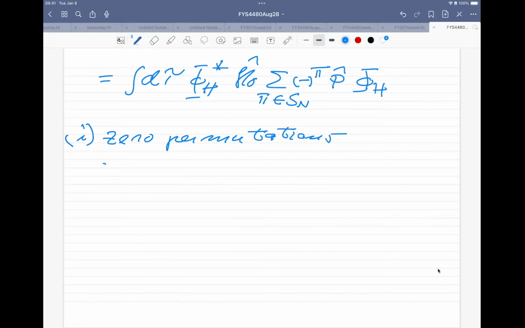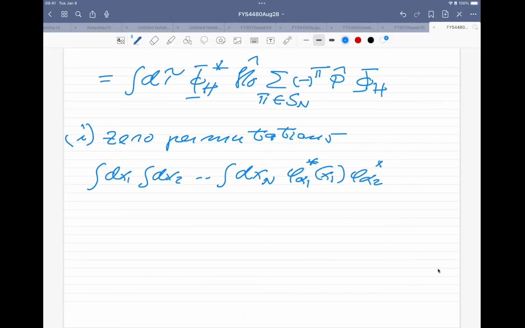We are going to have integrals dx1, dx2, up to dxn. And then I have these states phi alpha 1 complex conjugate of x1. When you see all this writing, you may ask, where's the simplification which I promised? We are going to simplify this further when we introduce second quantization.